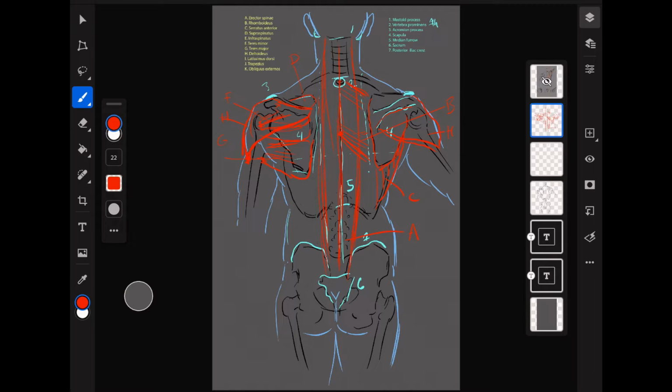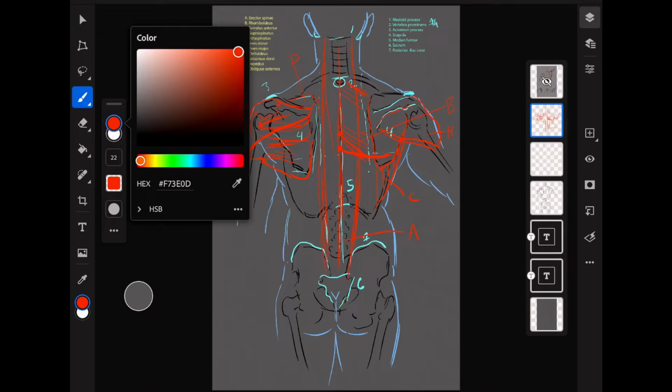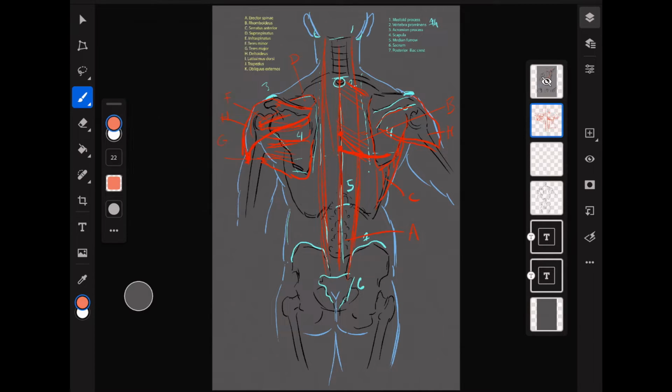Let's talk about the latissimus dorsi. Latissimus dorsi is a very, very big muscle. It's going to start one vertebra down below the rhomboideus here. Then it's going to sweep down a little bit, overlap. Let's see if I can change the color just a little bit, maybe to show that it's in front.